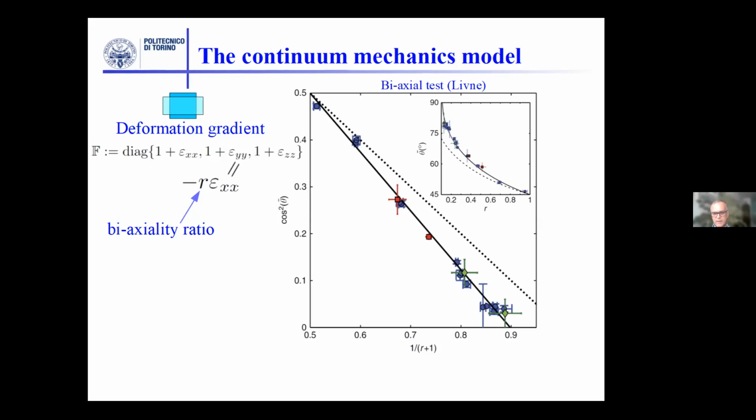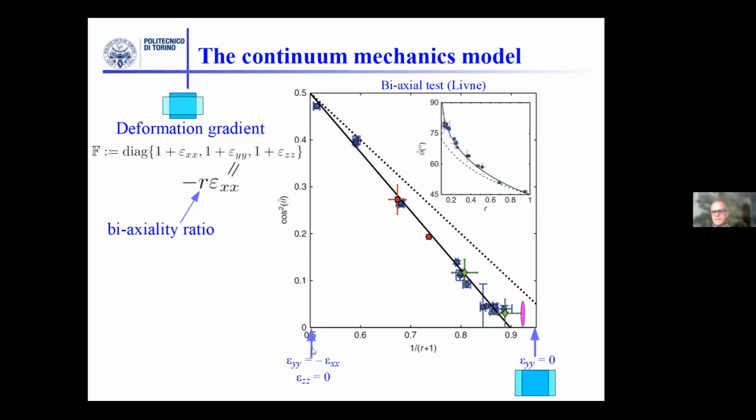To explain the situation, this point here corresponds to the case in which the upper and lower y sides are clamped, so you don't have any deformation in the y direction. And this gives rise to cells that are elongating perpendicularly to the main stretching direction.